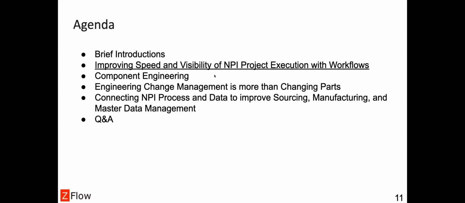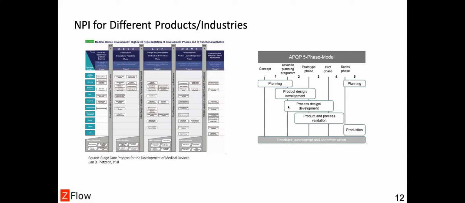So if we come to that, many industries have very elaborate NPI program strategy or methodology. I have a couple here. One is for medical devices, the other one is for automotive, right? So if you think of medical device, they also have a normal phase gate approach.